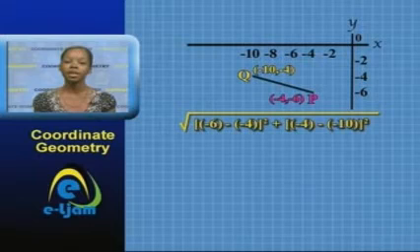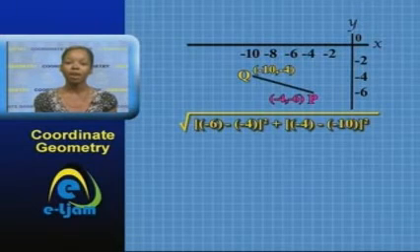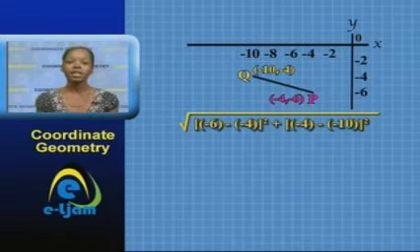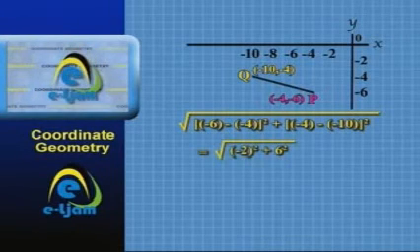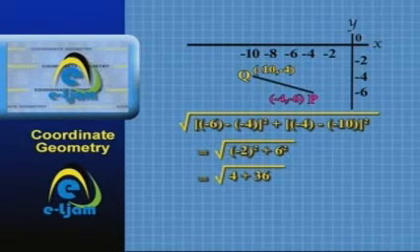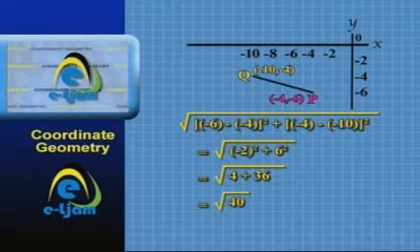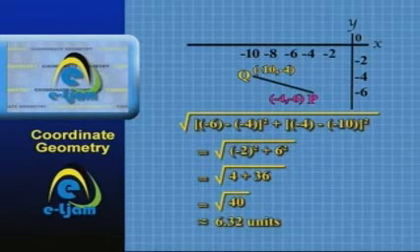So the length of PQ equals the square root of (-6 minus -4) squared plus (-4 minus -10) squared, which is 6.32 units.